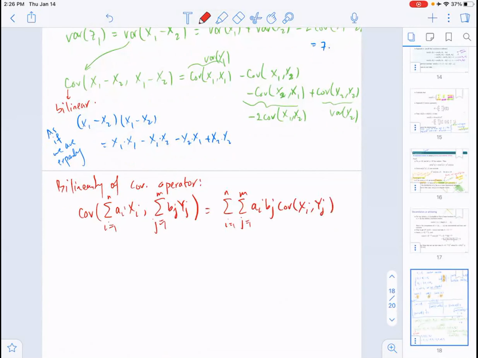That's what bilinearity means, effectively, and you can prove this using the definition. As an exercise, if you're really interested, prove it. It could be good for you.